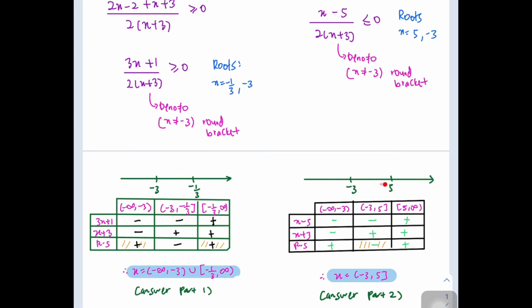Therefore, in your sign table, negative 3 here should be a round bracket, and at 5 here it should be a square bracket. Fill in your factors. Fill in the sign table. You want a negative side, so you want this one. This is your answer. x is from negative 3 until 5. Negative 3 is not included, 5 is included. So this is your answer for part 2.